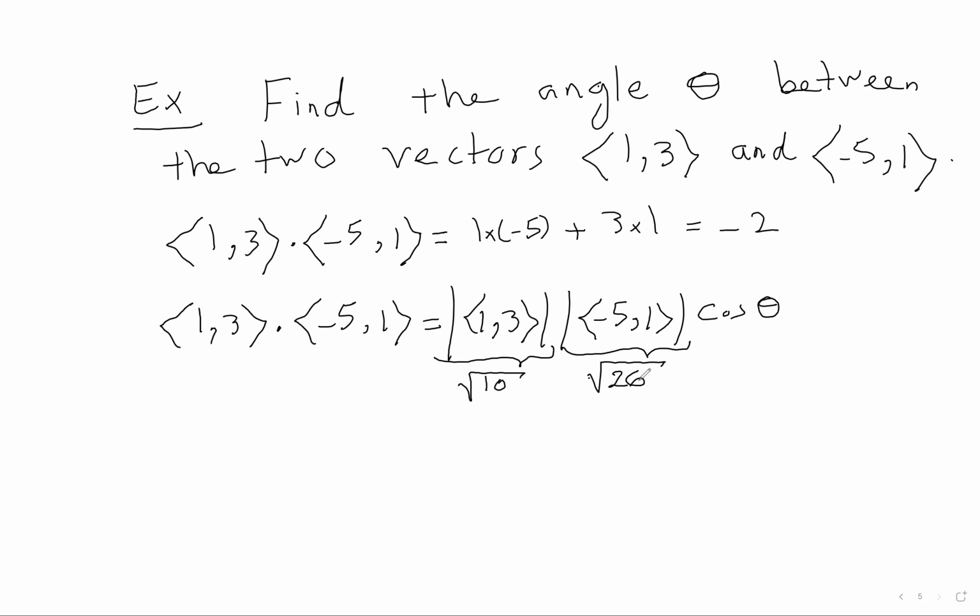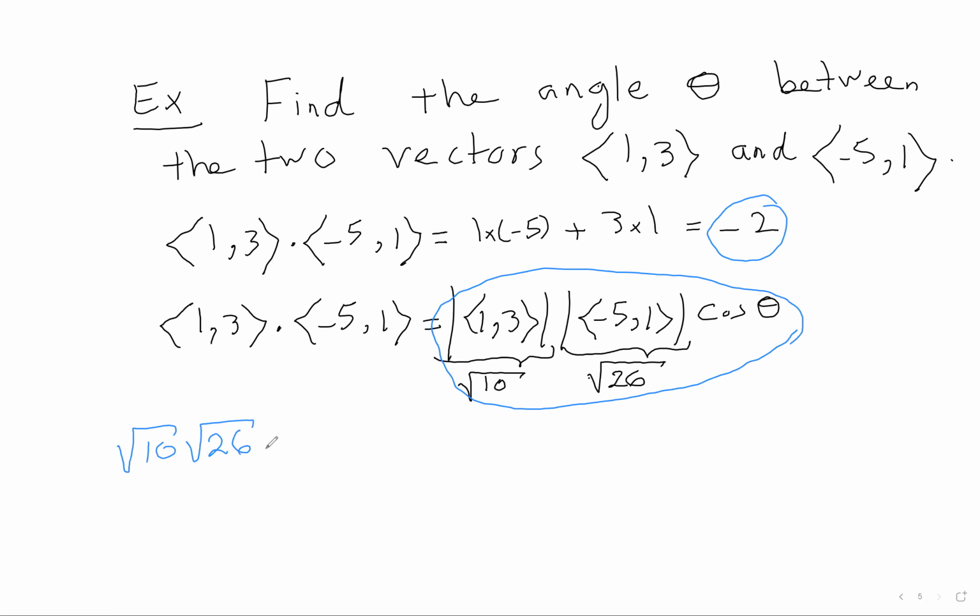Now I set these two values equal to each other because they are the same thing but obtained using two different formulas. So radical 10 times radical 26 times cosine of theta is -2.